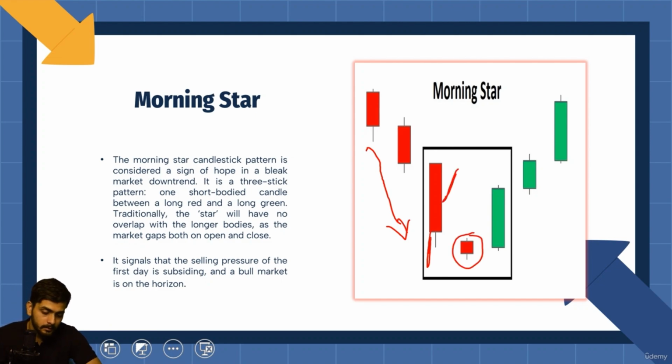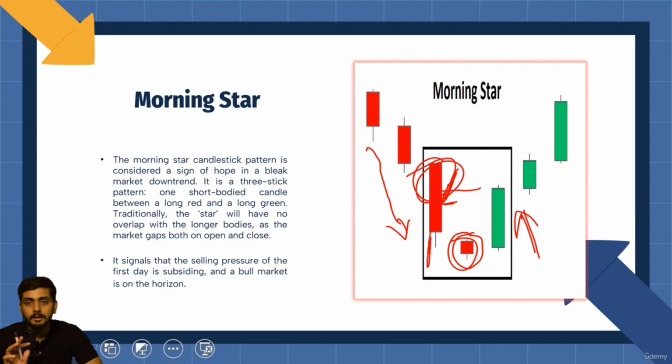Post that, the market will give a bearish engulfing candle, then a doji candle, then a bullish engulfing candle. If this bullish engulfing candle covers almost or more than 50% of that candle, then we get a positive sign that the market might change trend, that the market might go up, might go long.